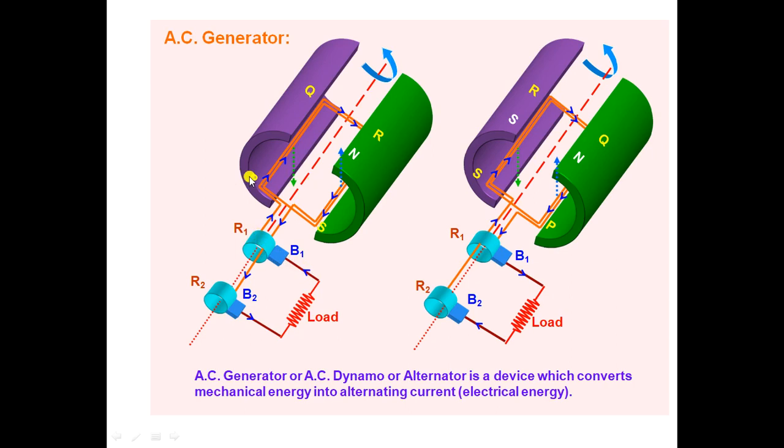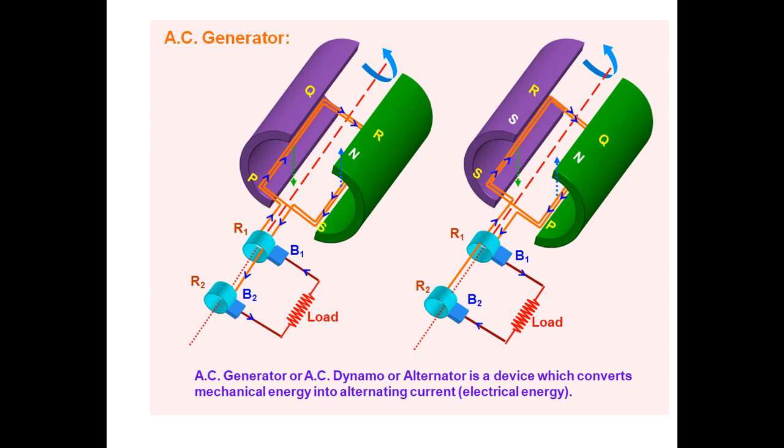Again it moves as P, Q, R, S, next R2 B2, next R1 B1, and after that P. Like this, the current direction follows Fleming's rule.